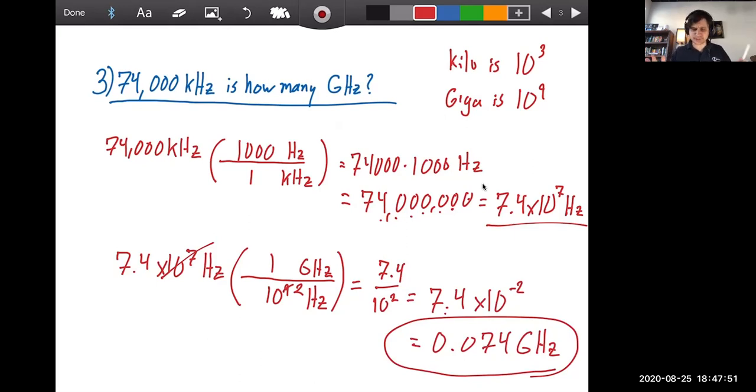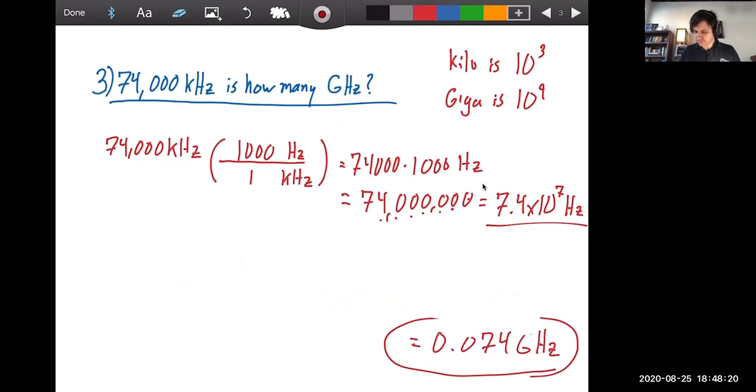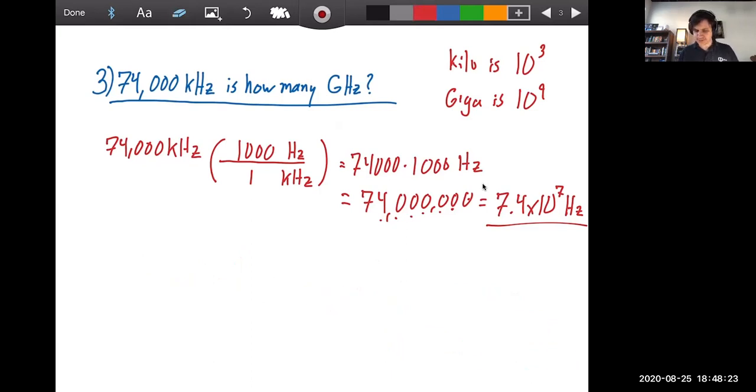All right, and since this one is perhaps a little more difficult, maybe we should consider it in some other way. Now I want to just use the fact that kilo to giga is a factor of 10 to the 6th. Sorry for erasing something that was already there, but I know that the difference between these is a factor of 10 to the 6th, a million times different.